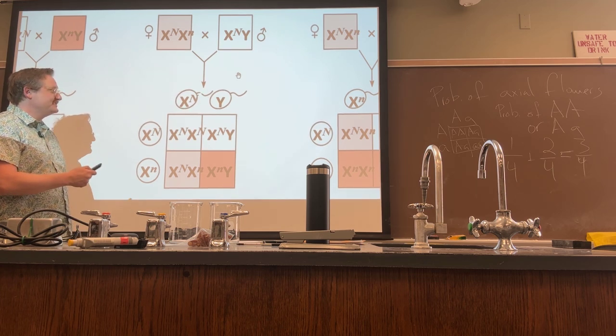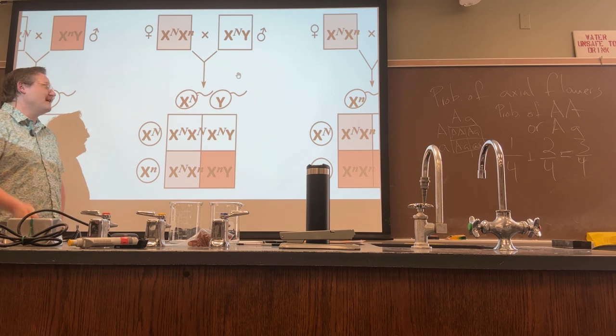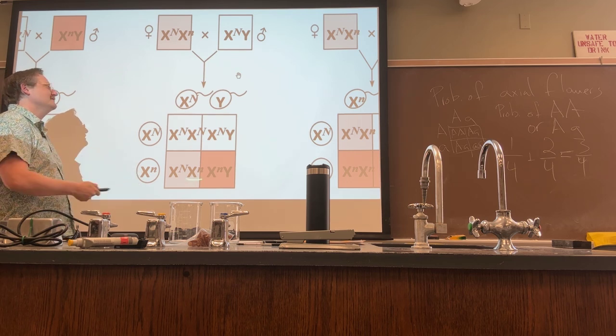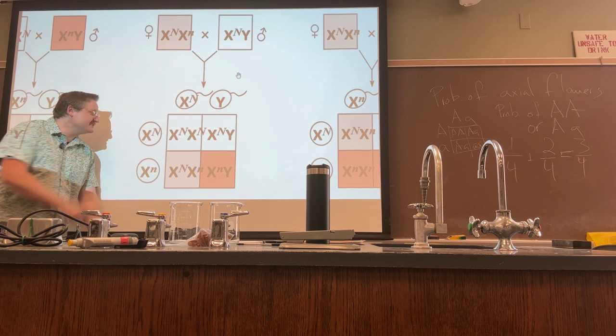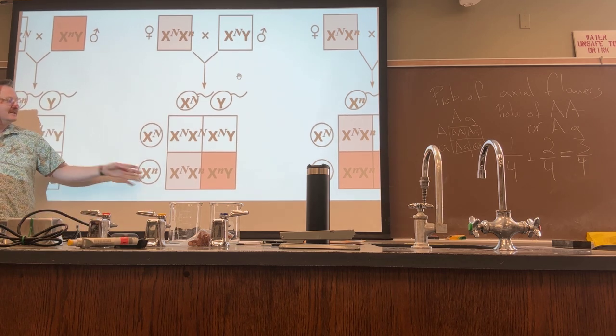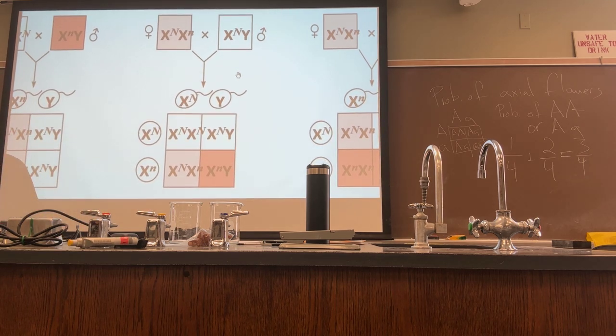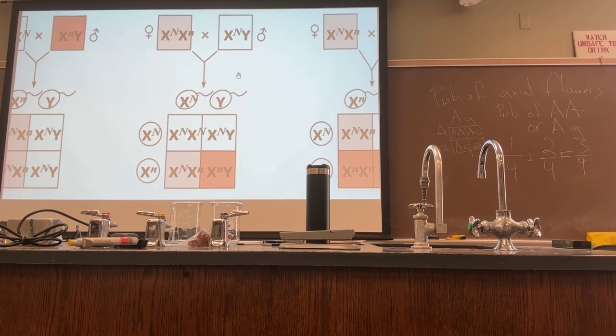So the sperm cells could be of 2 types. Half the sperm have the dominant allele, half the sperm have a Y chromosome. The eggs, half of them have the dominant allele, half of them have the recessive allele. All right? So what's the probability of an XY offspring having hemophilia?